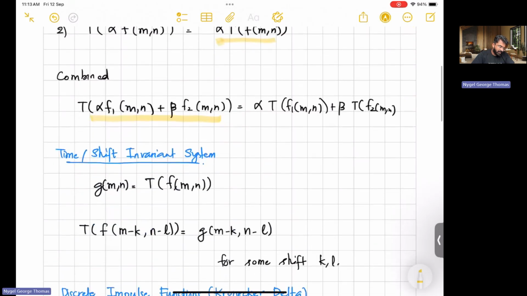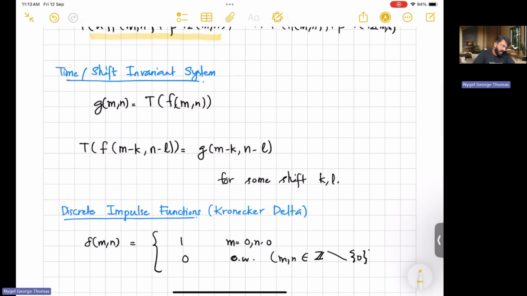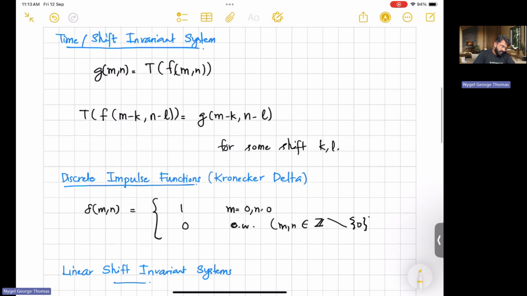Another idea which comes in tandem with linear systems is time invariance, or shift invariance. It is also in a similar setting. We have a signal f of m,n, and we pass it to a system. After the transformation, it gives us the output g of m,n. The system is called shift invariant, or time invariant in temporal signals.